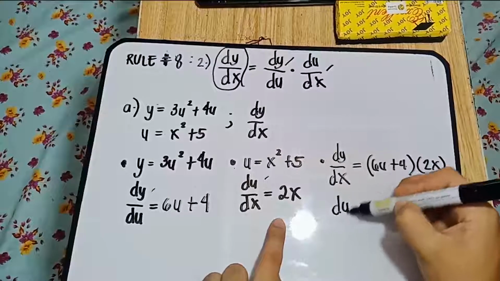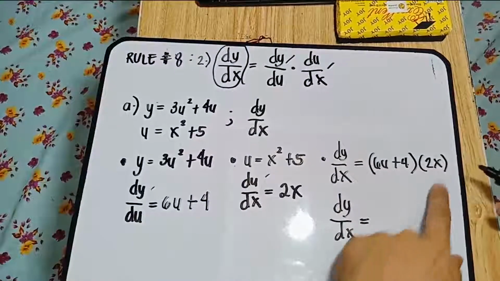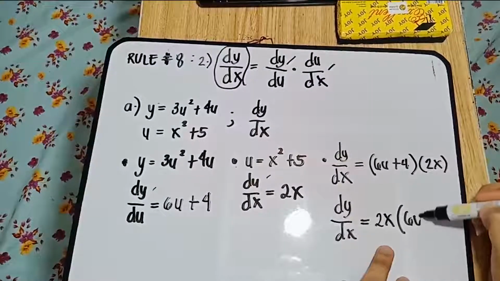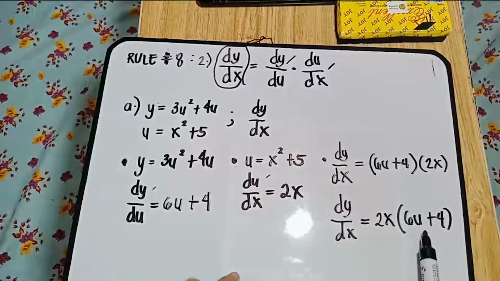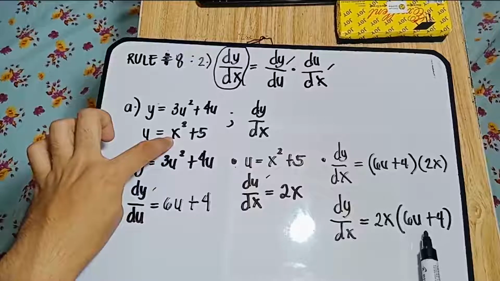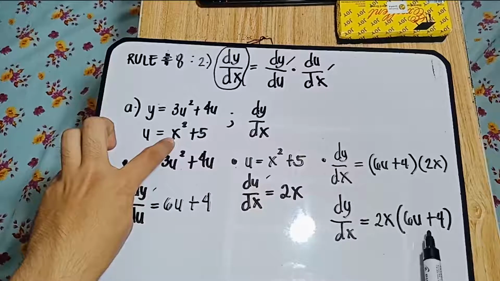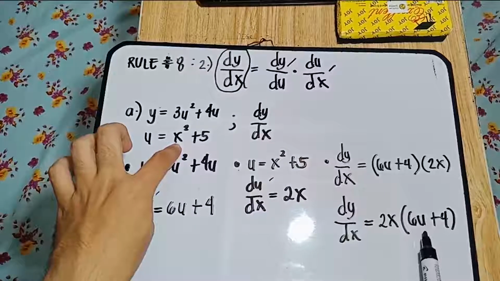Therefore, our dy over dx is 2x multiplied by 6u plus 4. Pero, yung u natin, ito yon, x squared plus 5. Okay? So, yung u na to, papalitan natin ng x squared plus 5.